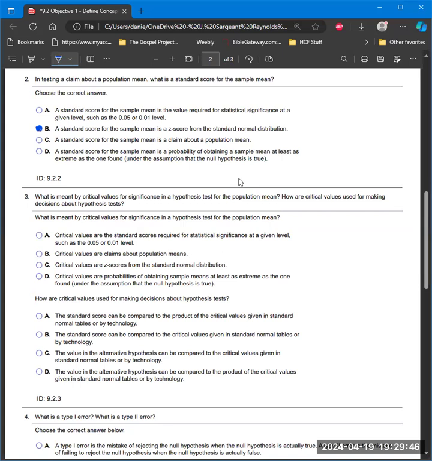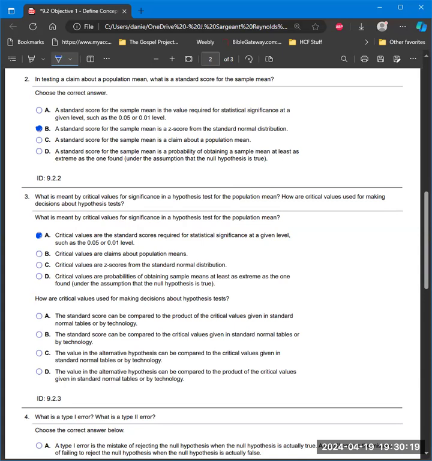The critical values are the standard scores required for statistical significance at a given level, such as the 0.05 or 0.01 level of significance, which is A. And there's usually a chart in the textbook that tells you what those critical Z values are. And you can always use your calculator to help you find those.